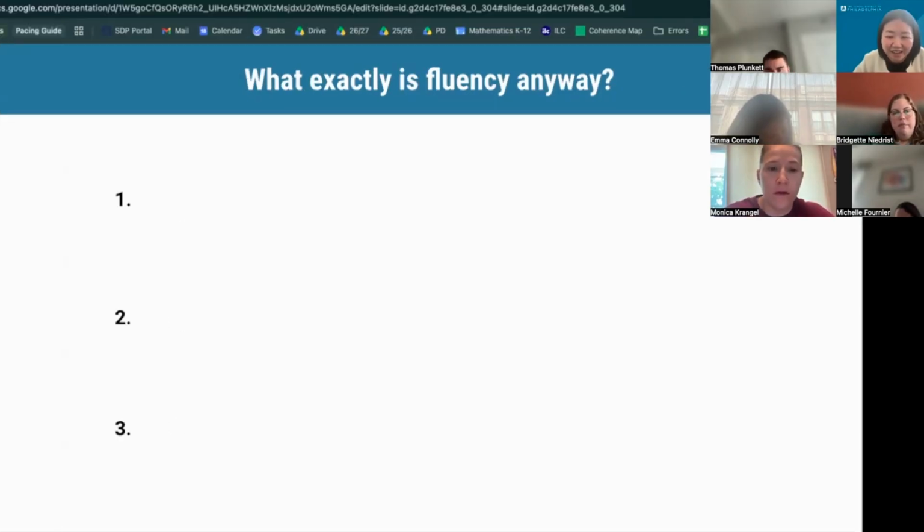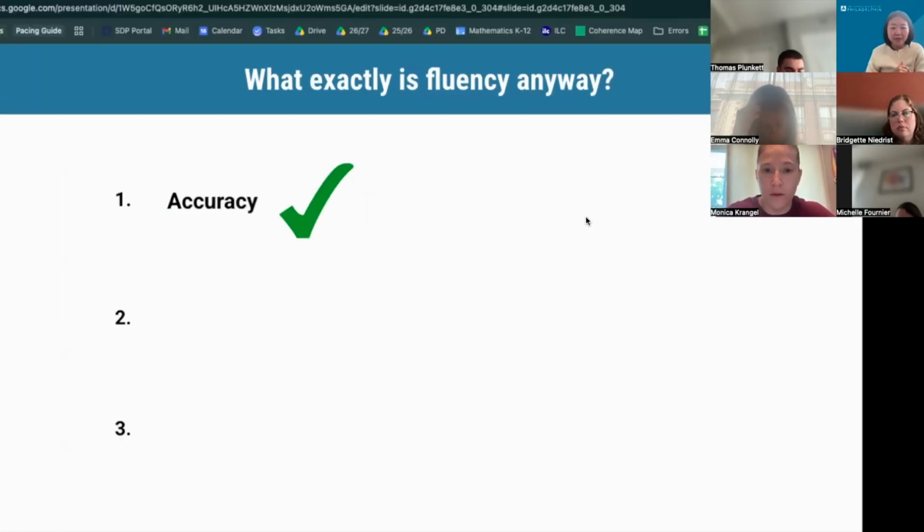Okay, and I think some of you had that idea of practice as well. So I'm going to summarize our group's words and add a couple more words that come into play. When we think about fluency, a lot of you put answer accuracy, like it has to be correct.